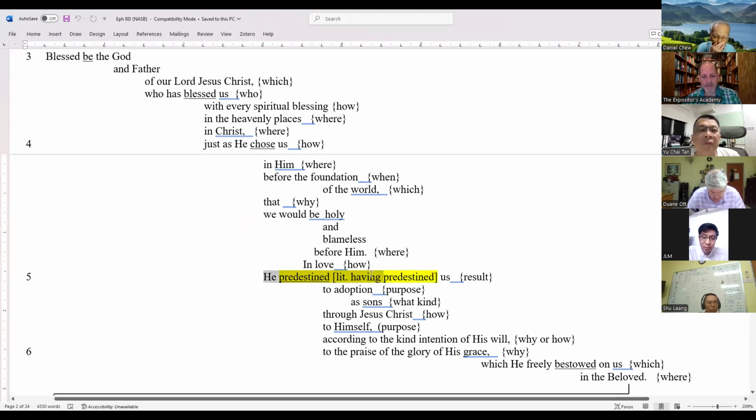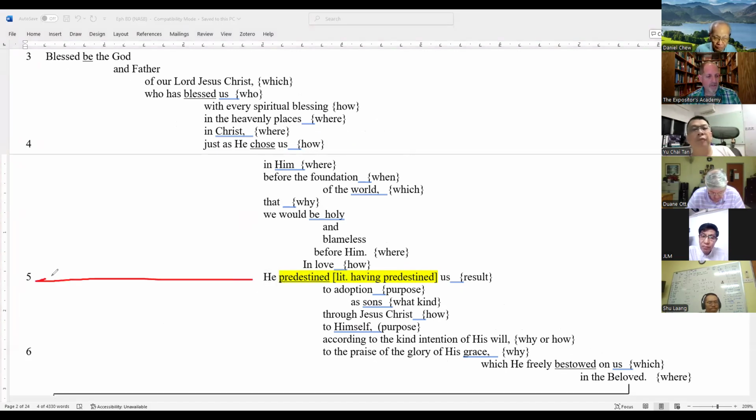And notice I did not put this all the way to the left as an independent clause. I left it here because I recognized that it's a participle and it's modifying chose. And then notice I put here result, or it could be how. In any case, I kept the NAS translation here, but then I made a note.